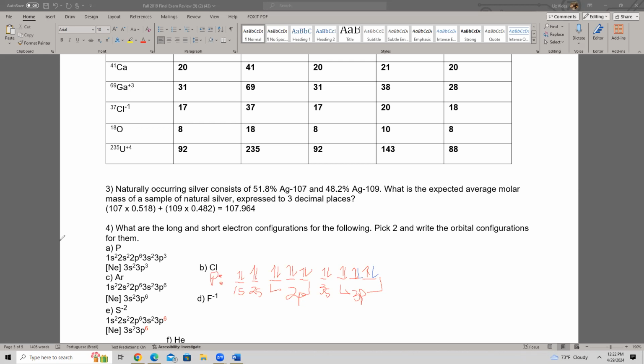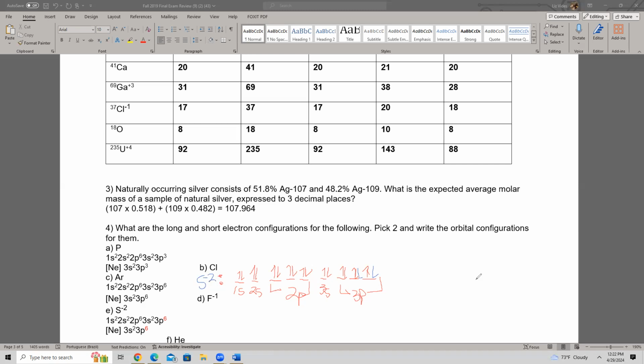Hold on, I need to erase that P. All right, so this one is sulfide ion. And those 2 extra electrons are what makes the negative. You see? And that's how you do orbital diagrams.